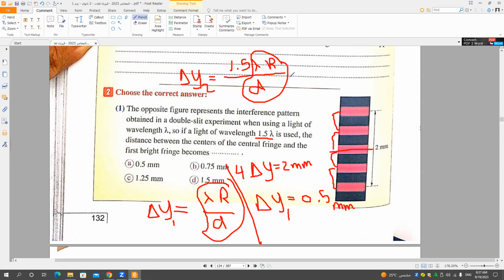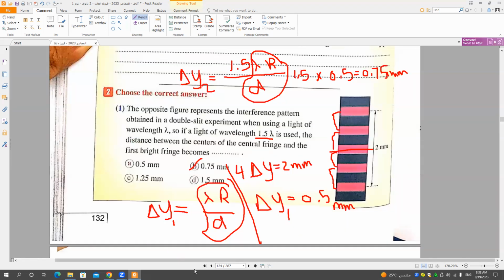So delta y2 equals 1.5 times delta y1, which is equal to 0.5 millimeter. So by using your calculator it will equal 0.75 millimeter. So the answer will be letter B.